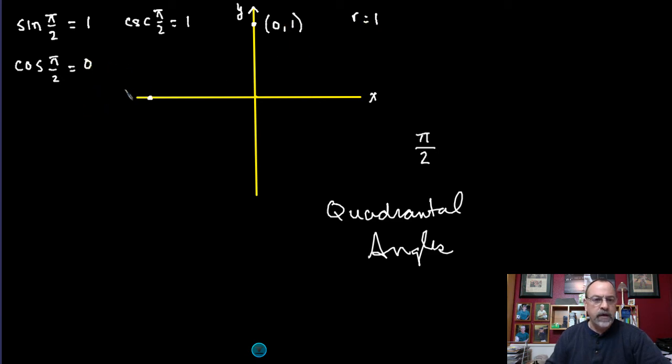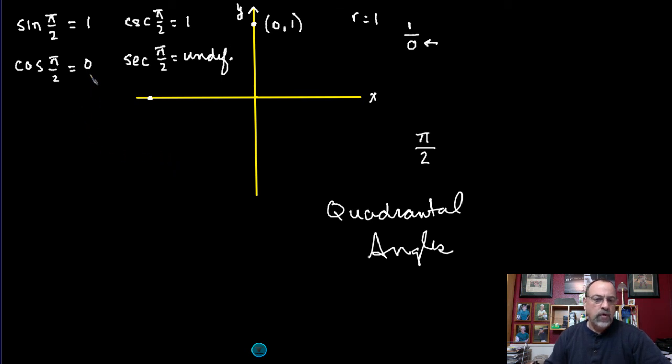And if we do the reciprocal function, which is the secant, now here's where you've got to be careful. The secant is the reciprocal of this, or r over x. So if I take r over the x value 0, that gives me a denominator of 0, which is undefined. So actually the secant function for this is undefined.